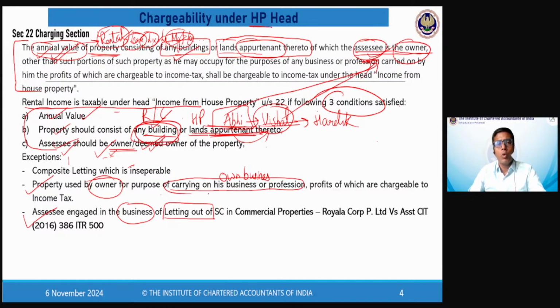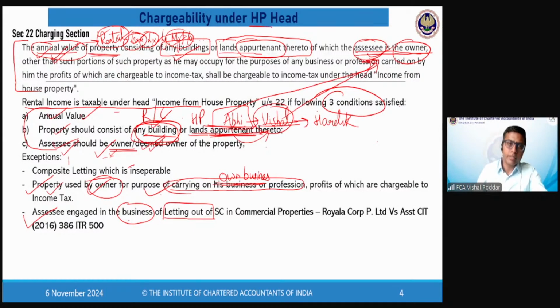Here you are using that space for running your own business. Your business can be anything, like you are running a CA office. The office that you are using is what is falling in second point, where you are using that space for running your own business or profession. That place will not come in the HP head, it will go to PGBP.